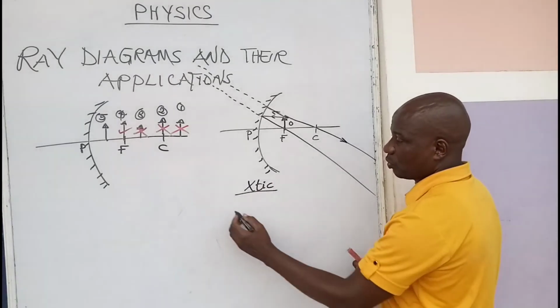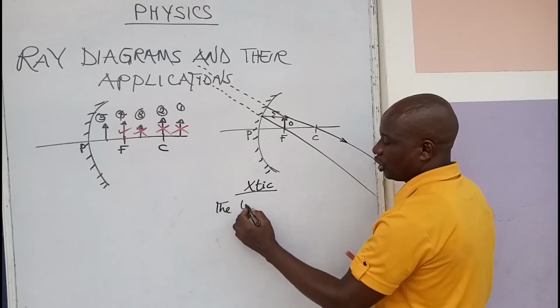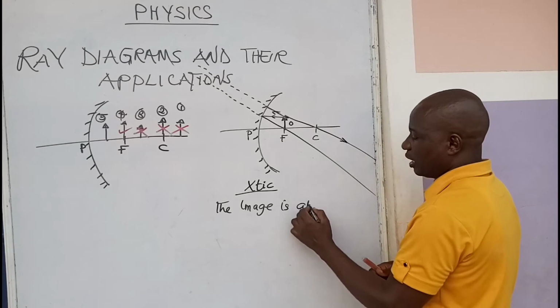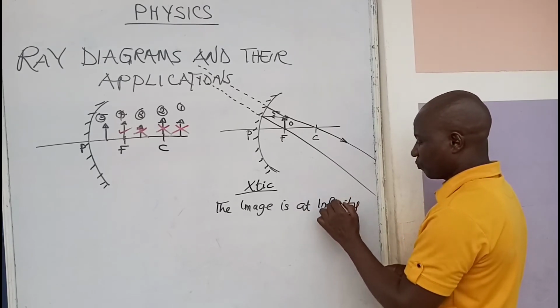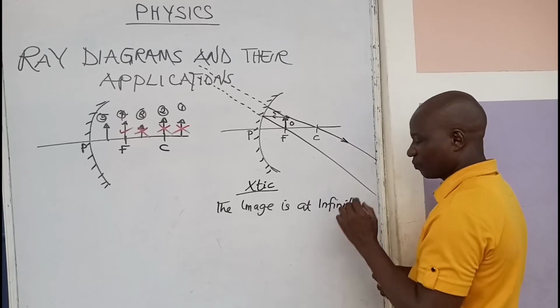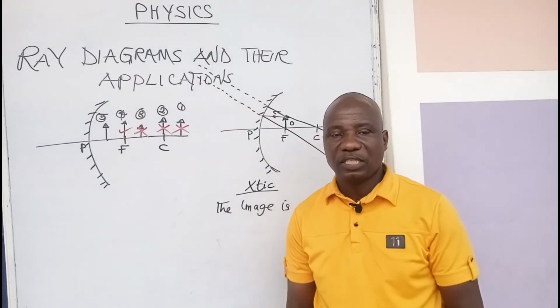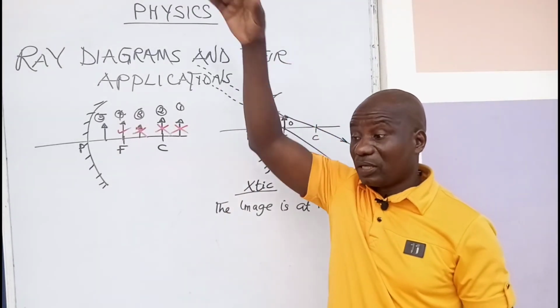The characteristic of the image formed: the image is at infinity. That is, you can never see that image. It is with God. You cannot see it.